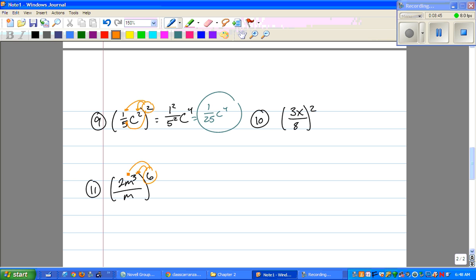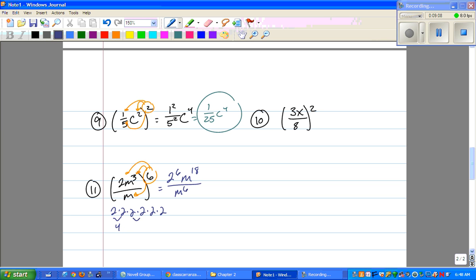And then let's make sure that we distribute that to everything, where we get 2 to the 6th, m to the 18th over m to the 6th, 2 to the 6th power.